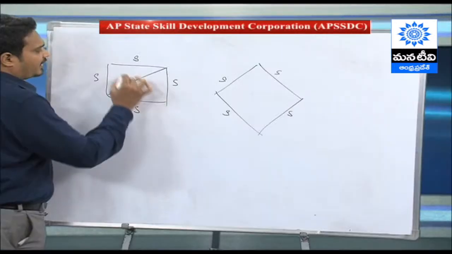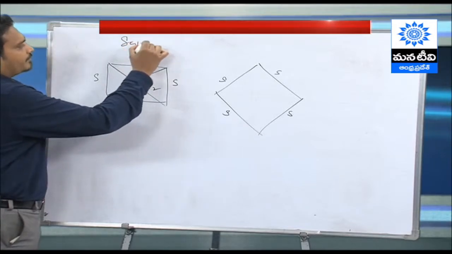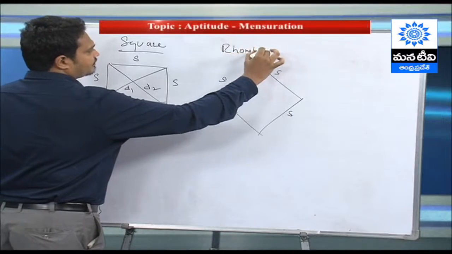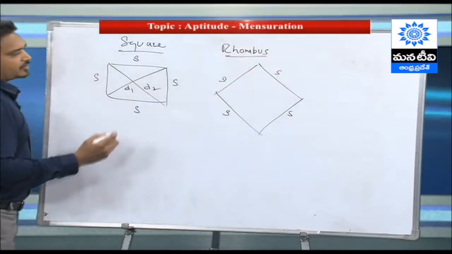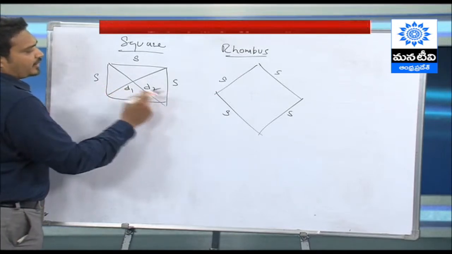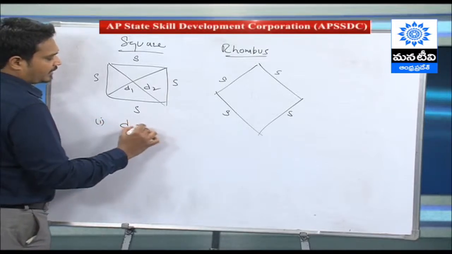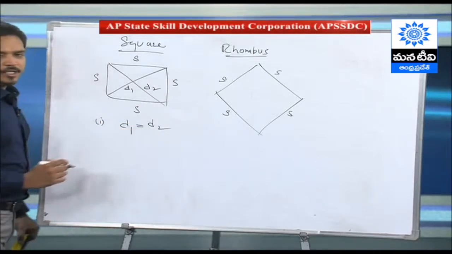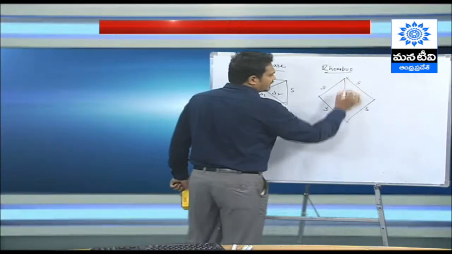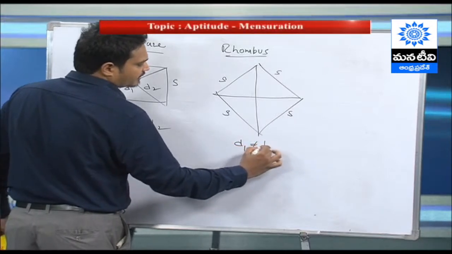Let's say this is D1 and here it is D2. This is a square and this is a rhombus. In both, the sides are equal, but with the two diagonals D1 and D2, the common property in a square is that D1 is equal to D2, meaning the two diagonals in a square are equal. But when it comes to a rhombus, remember this is the point that makes the difference: D1 is not equal to D2.